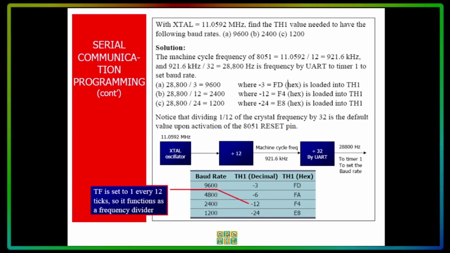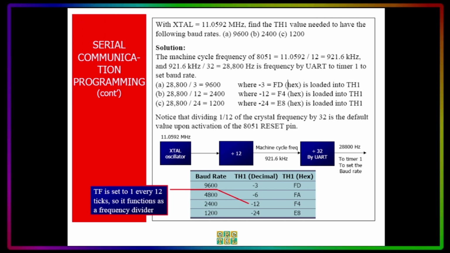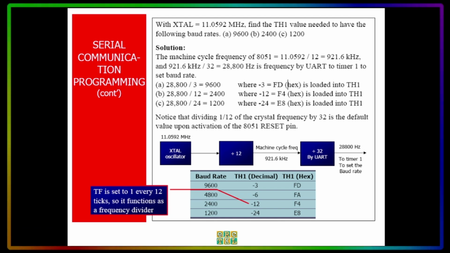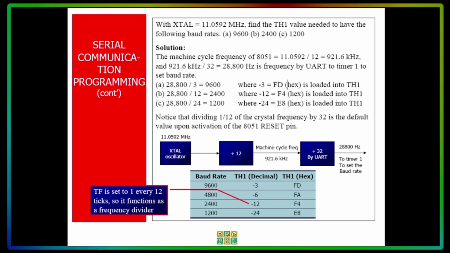Now, with the crystal frequency of 11.0592 megahertz, find the TH1 value needed to have the following baud rates: A, 9,600, B, 2,400, C, 1,200. The solution to this is that we have to divide the crystal frequency given, 11.0592, by 12. So the machine cycle frequency of the 8051 will be equal to 11.0592 megahertz divided by 12.